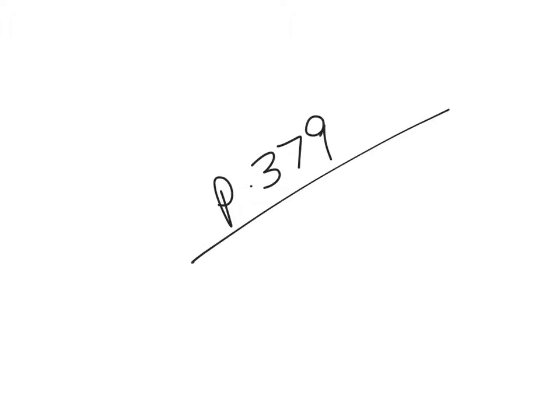How about page 379? 23 through 42. Now we're not quite done yet, so don't cut out on me here. But that's your assignment, along with the other part, right? If you didn't have that for today.